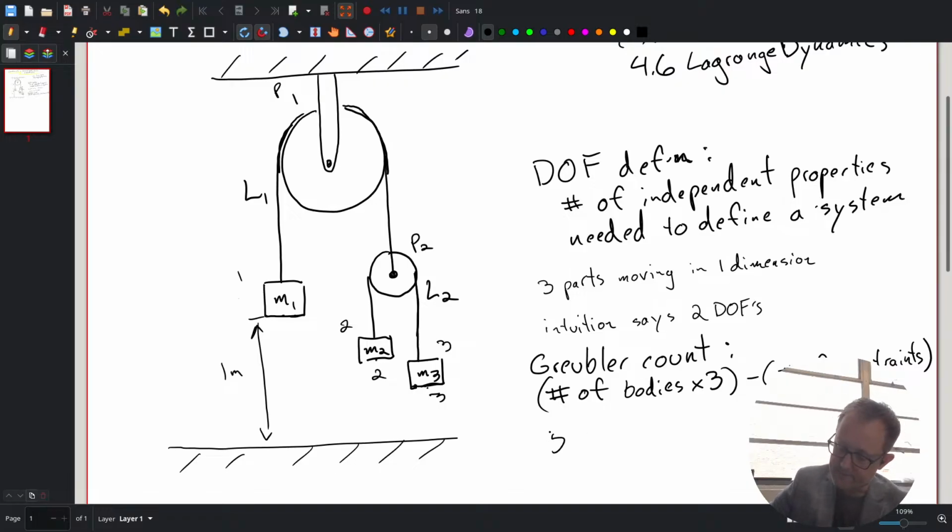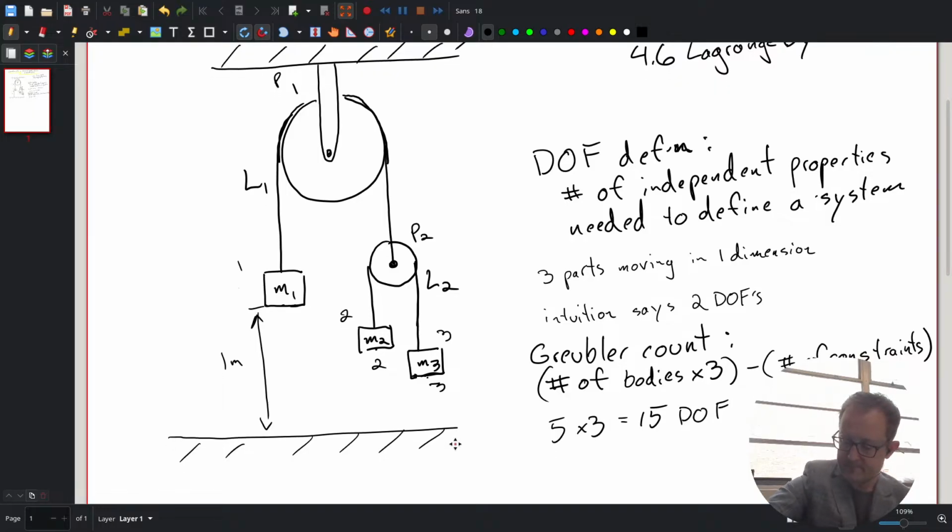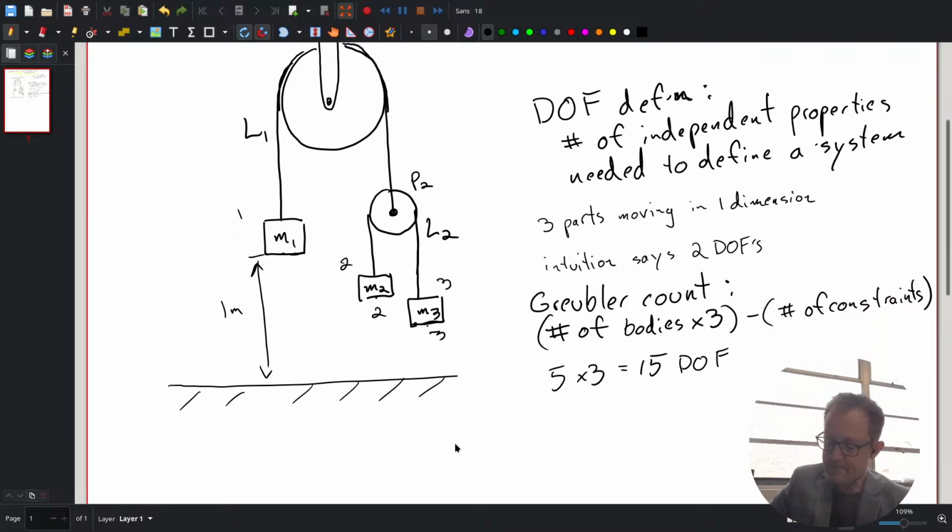So I have 5 times 3 equals 15 degrees of freedom. But I have a hinge on pulley 1. So a hinge creates two constraints: pulley 1 can't move, x and y are fixed.